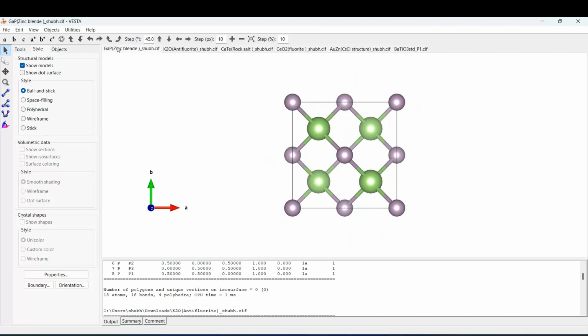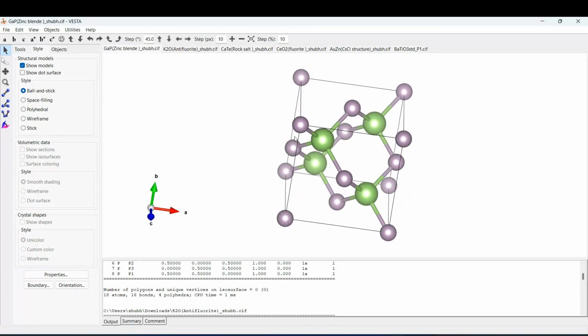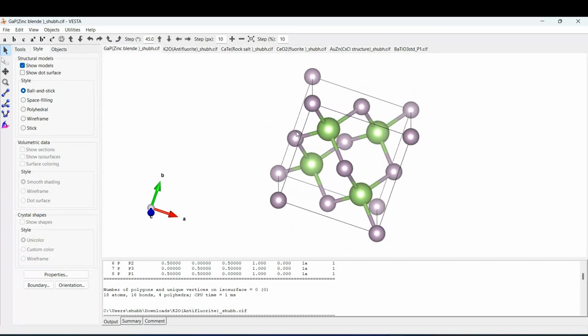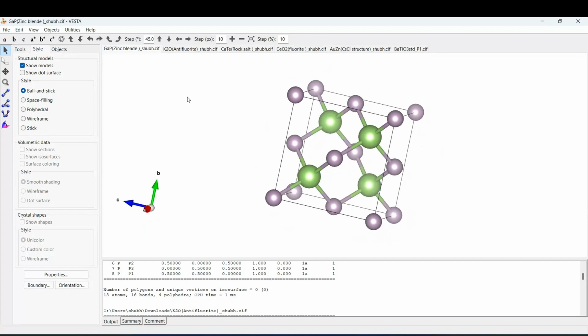So this is the zinc blende structure. We have modified it. We can see the alternate tetrahedral voids occupied here.